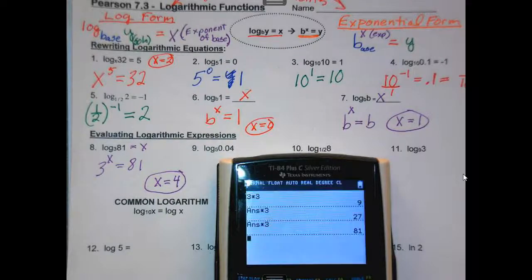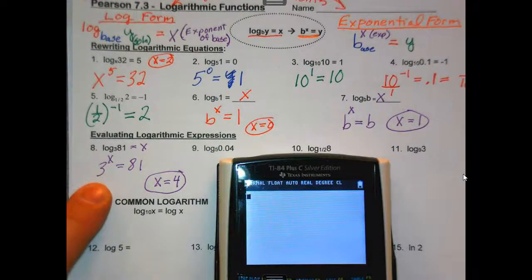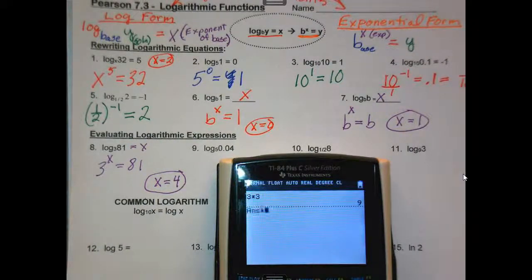So if I take 3, there's 1 3, times 3, there's 2 3s, times 3, that's 3 3s, times 3, 81, 4 3s. I know eventually I'm going to hit it. My x is 4.